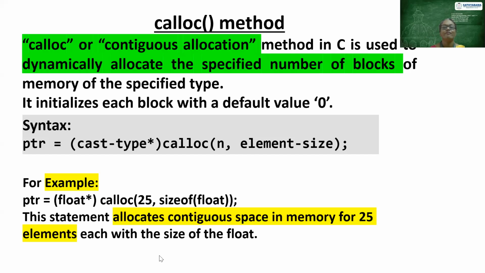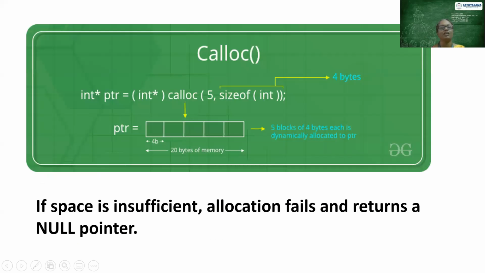We will see with the size of float. Float is 4 bytes. Have you seen? It is not a single block of memory; it is a number of blocks of memory. So here, 20 bytes: 4, 4, 4, 4, 4. 5 blocks of 4 bytes each are dynamically allocated to the pointer.